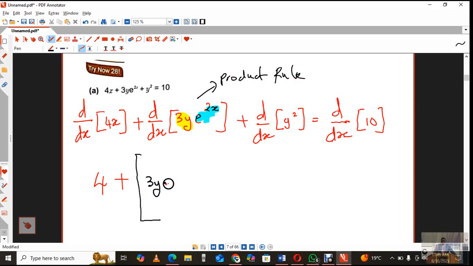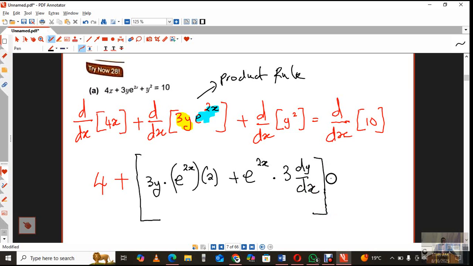Keep the first, multiply by the derivative of the second. The derivative of the second is e raised to the power of 2x times 2, plus the second, e raised to the power of 2x, times the derivative of the first, which is going to be 3, and that one is dy dx because there is a y involved there.